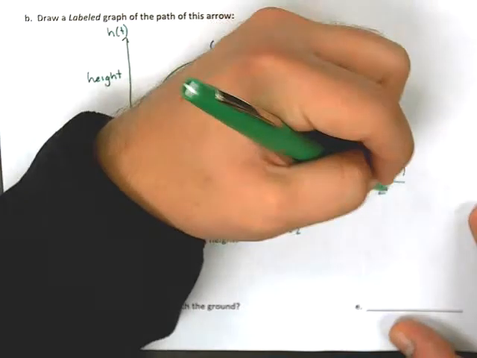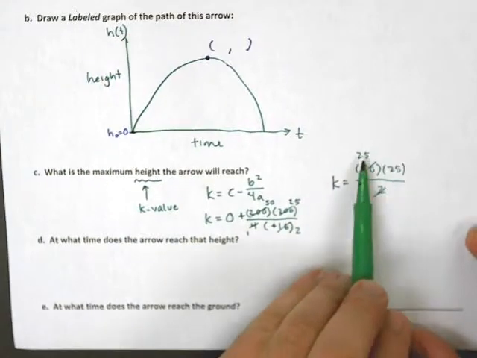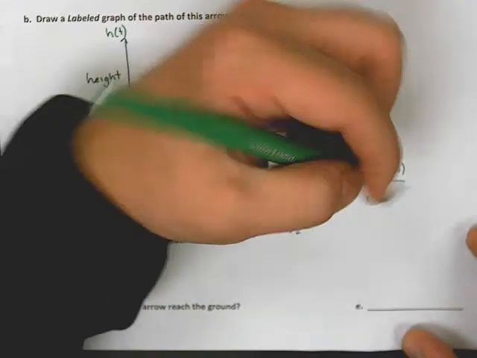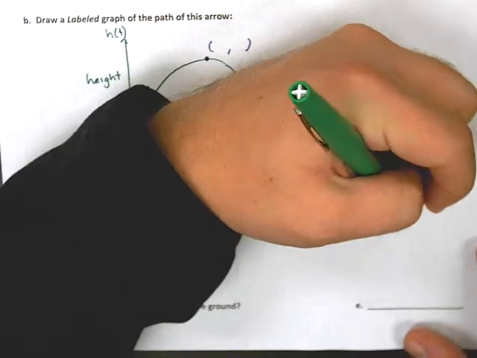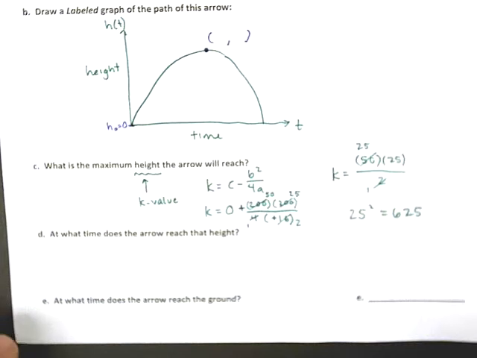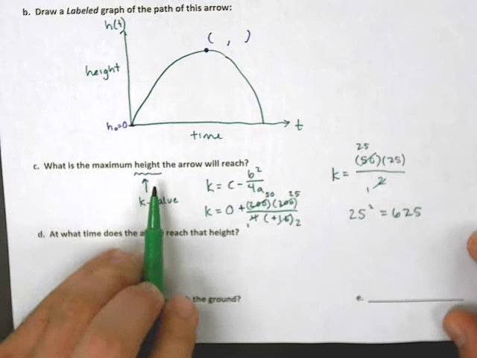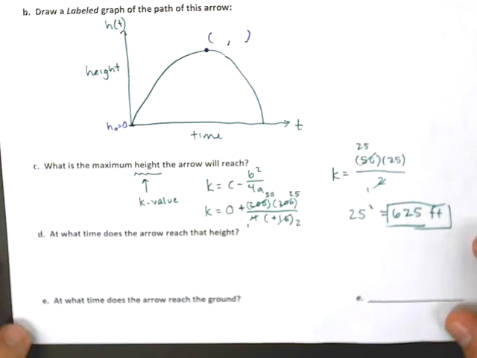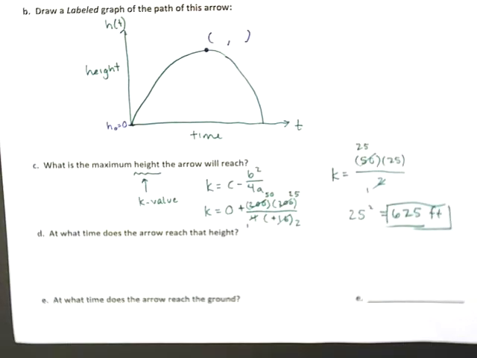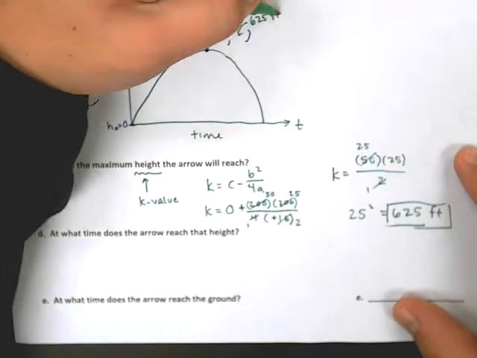I can reduce this to 25 and 1. So now I know that k is going to be equal to 25 times 25, or 25 squared, which I hope we know is 625. Last thing, guys, please remember, we need units. We're talking height, and we said what at the top? Height's going to be in feet. So now we know that our k value is 625 feet.